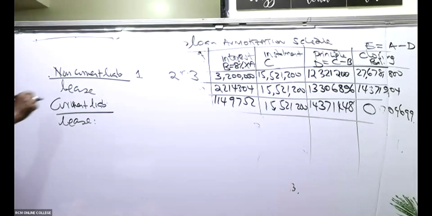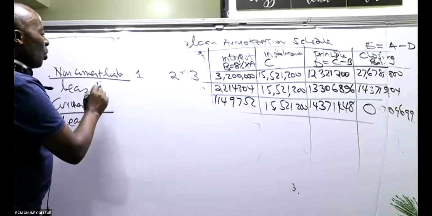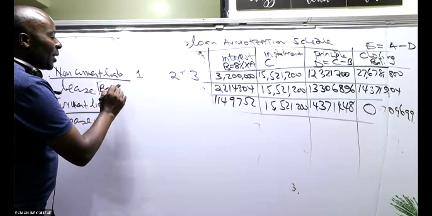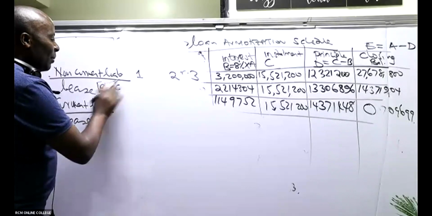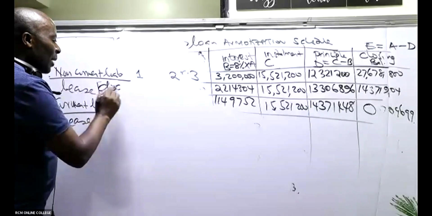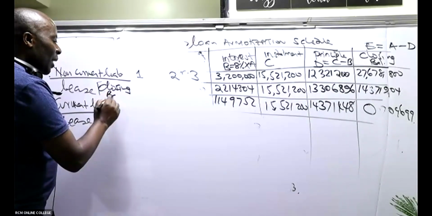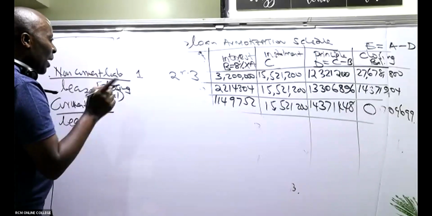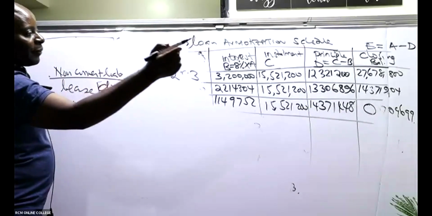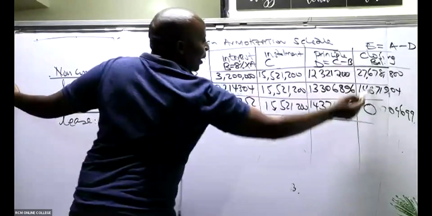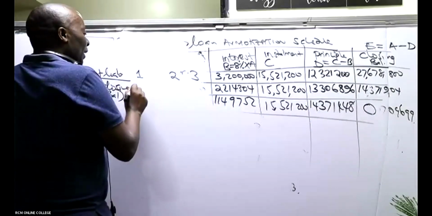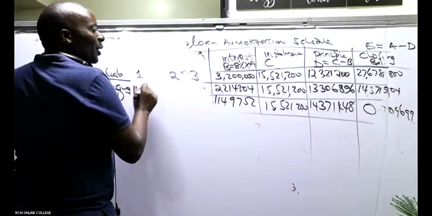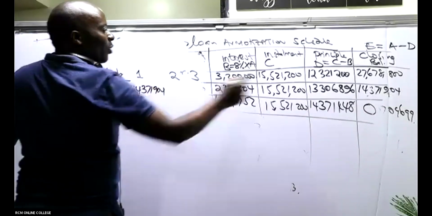So like we said, on non-current assets, you pick the closing balance, but now from which year? That is the only trick. You pick the closing balance from year 2 onwards, like this, 14,371,904, onwards 0.